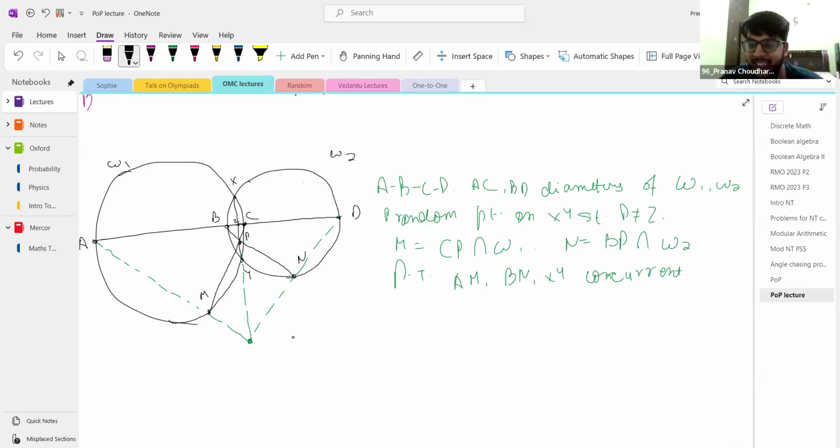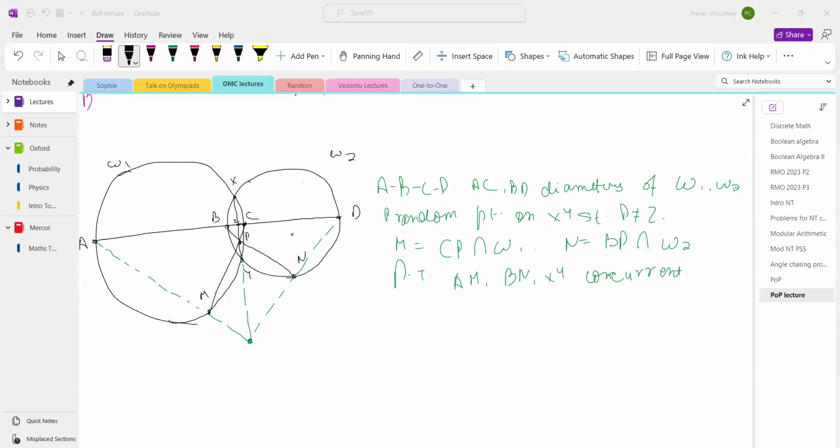Can you type what you said? Is P the Miquel point of AD and C, where C is the intersection of AM and DN? A Miquel point is for 4 points and not 3 points.